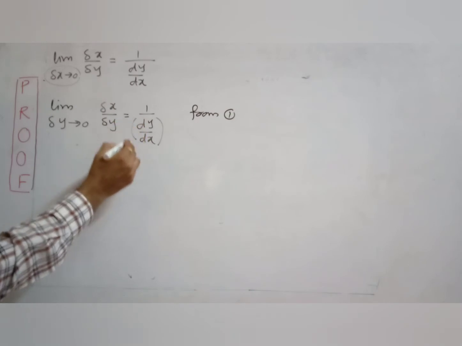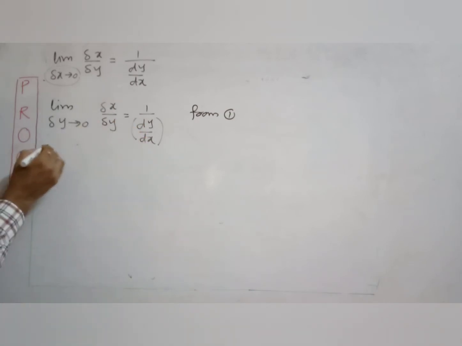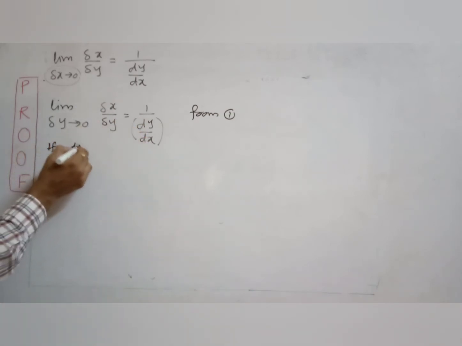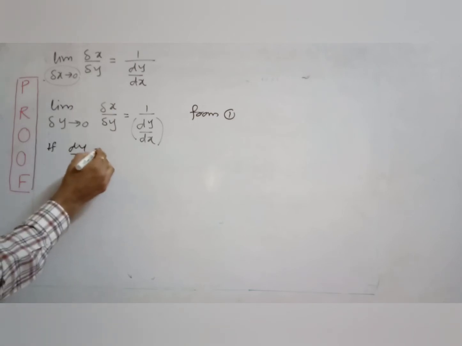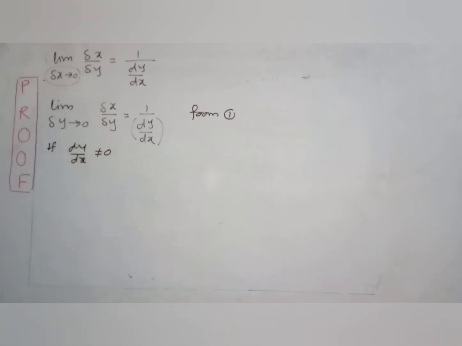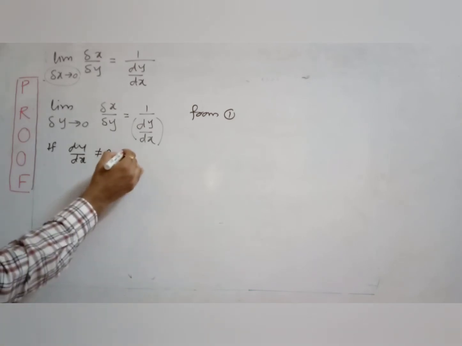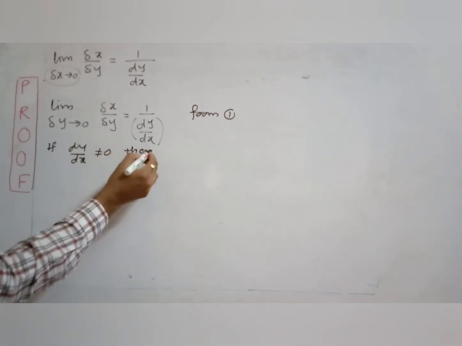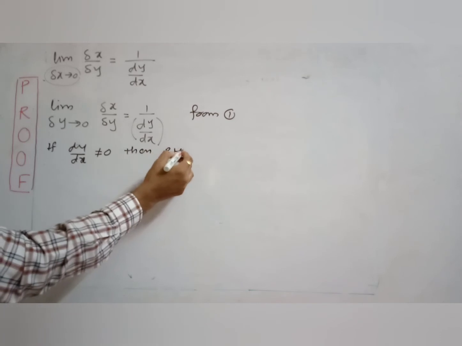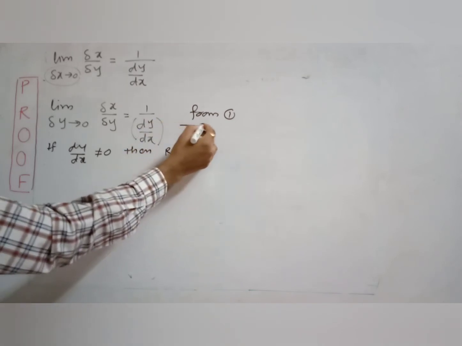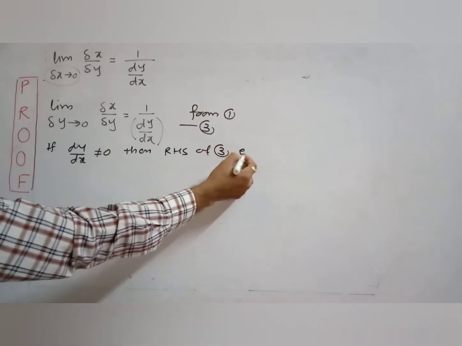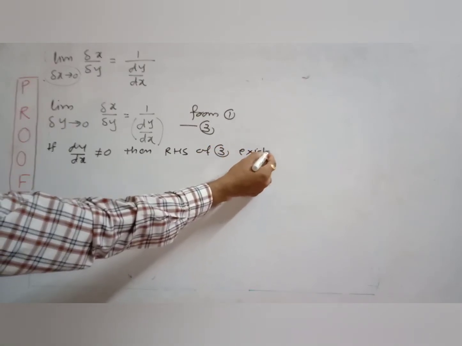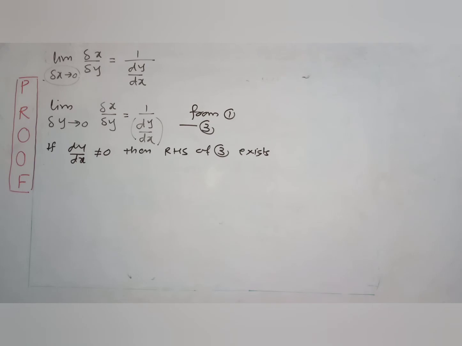Now look at this right hand side. If dy by dx is not equal to 0, then the RHS, let us take this as number 3, RHS of 3 exists and is finite.